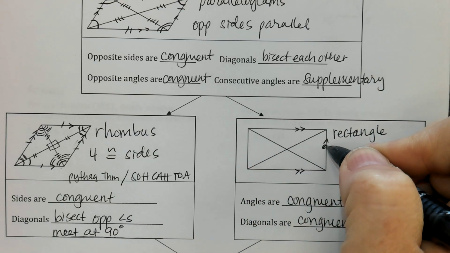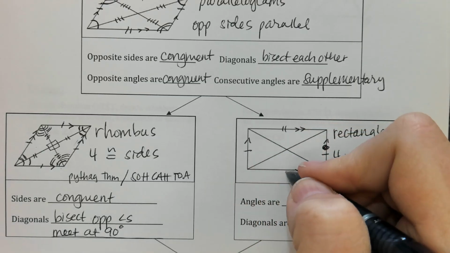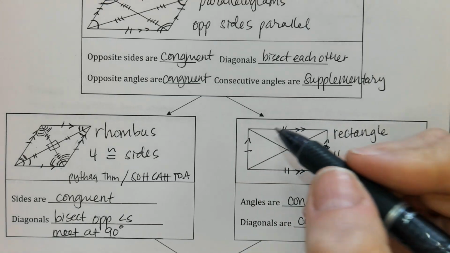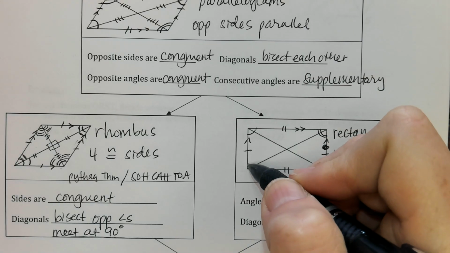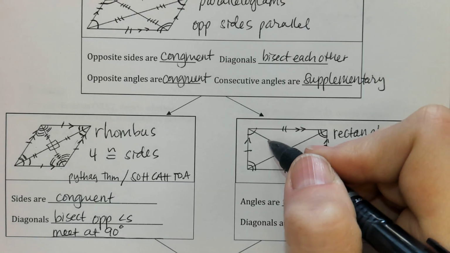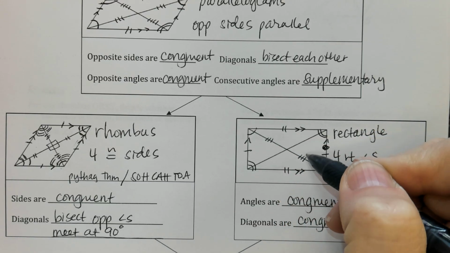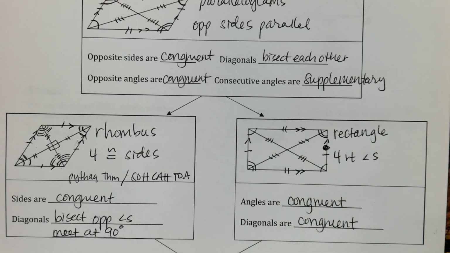Just 1 mark. Opposite sides are congruent. Opposite angles are equal. Diagonals bisect each other, and the diagonals are congruent, which means this is equal to this, but they're also equal to those. So all of those in there are equal.